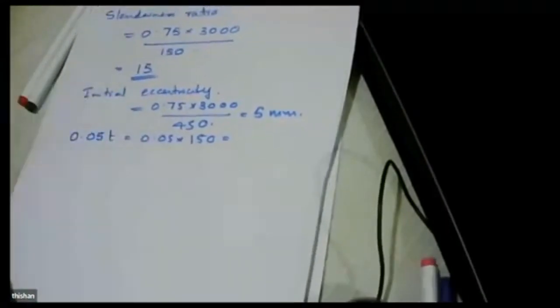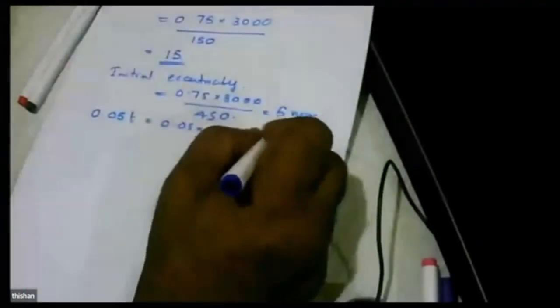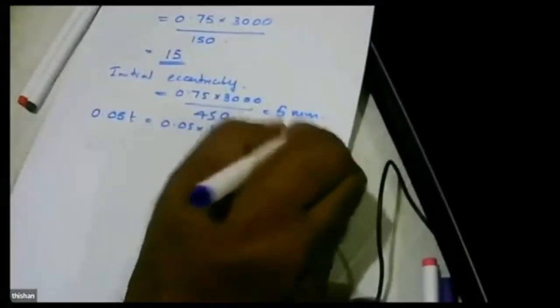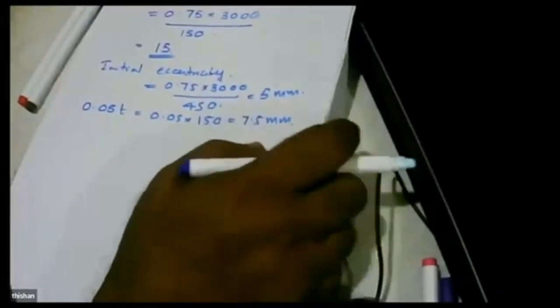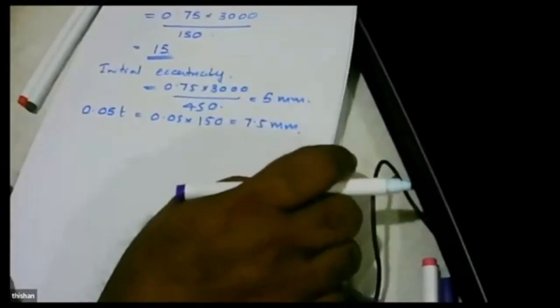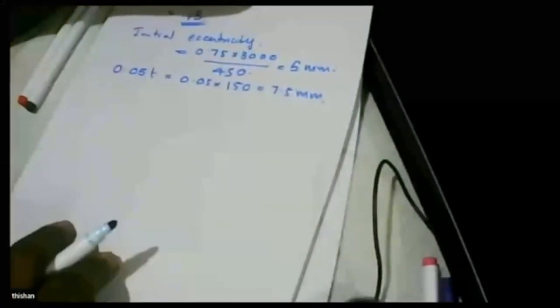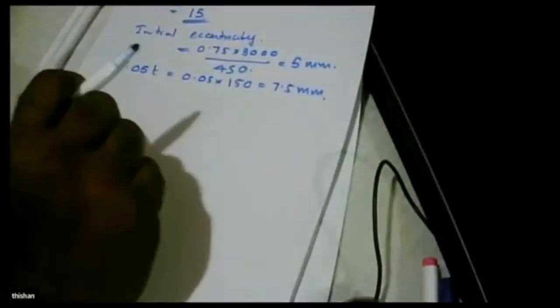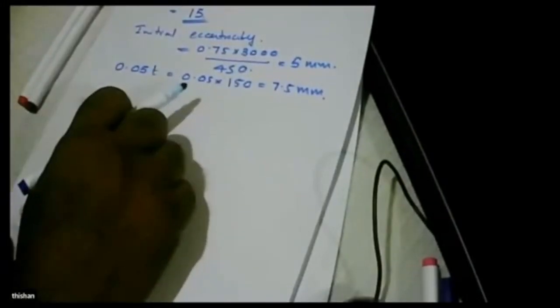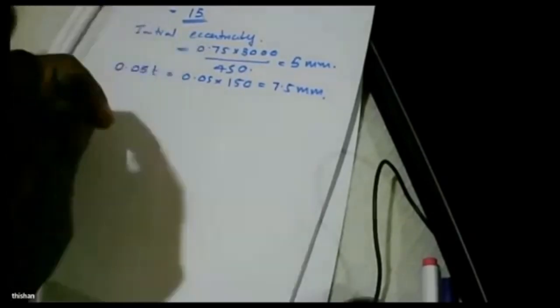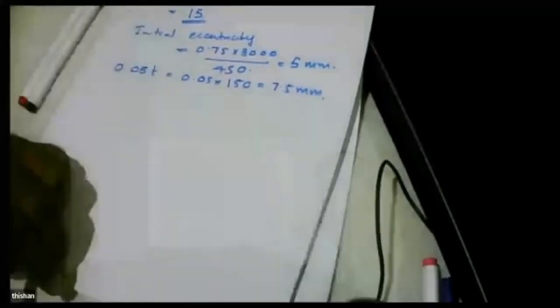So that is 7.5 millimeters. So this initial eccentricity is less than 0.05 T. So now we can see we have a slenderness ratio of 15.